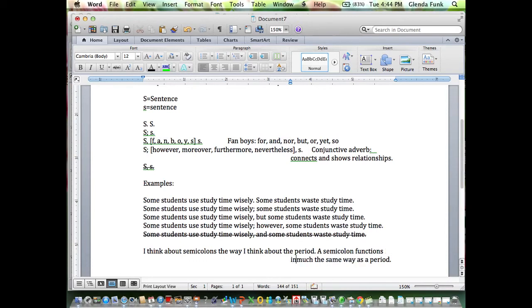I can tell them things like a semicolon adds variety to their writing. The semicolon shows that two ideas are more closely related than other ideas, and it helps them understand the concept that I want them to understand.